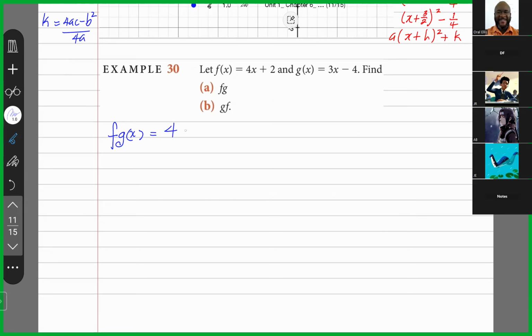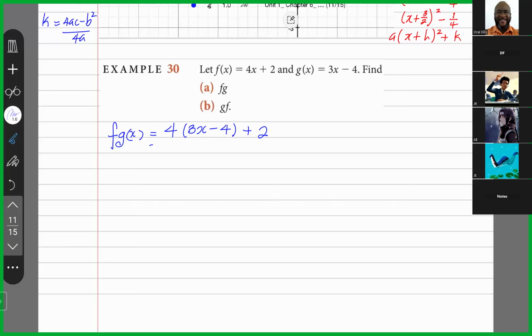So it's 4. Wherever I see x in f, I'm going to put g. So to determine f of g of x, I'm going to write f, and in f, wherever I see x, I'm going to take out x and put g.